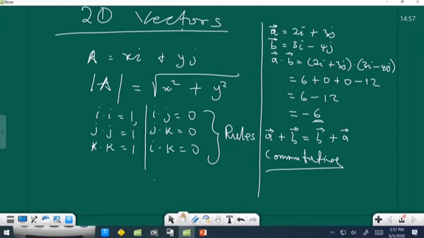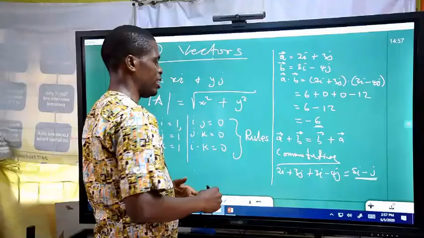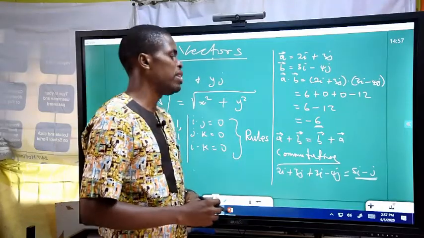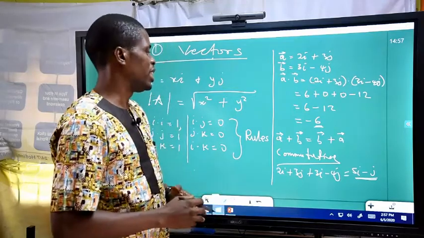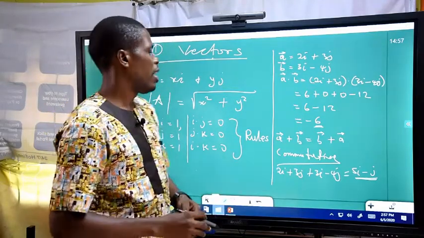So if you add this, we have 2i plus 3j plus 3i minus 4j is equal to 5i, then minus j. So that is addition. And if you add it in the reverse order, taking the B vector before the A, we still arrive at the same answer.